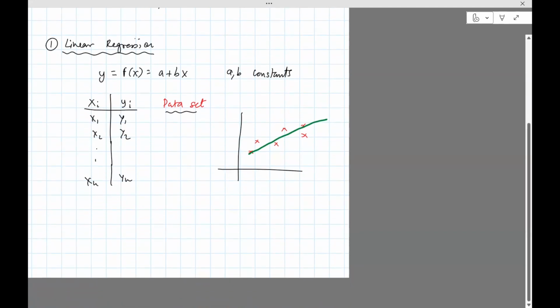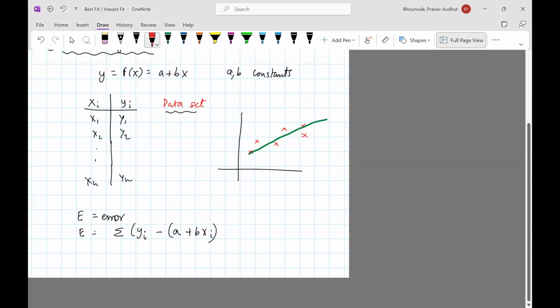We'll define an error term, E. E is error. And we'll define it in such a way that it captures the difference between the true value, which is yi, minus the prediction, a plus bxi.